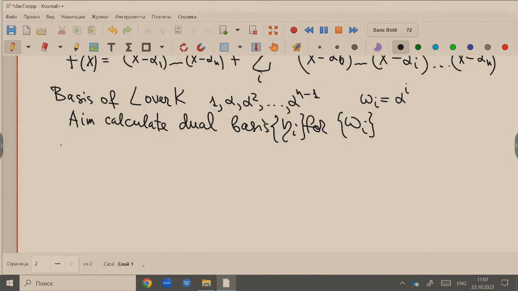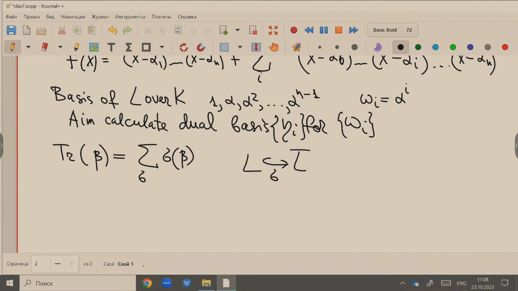Let us recall that the trace of beta can be calculated as follows. In the separable case you have the set of inclusions of L into the algebraic closure of L, and then the trace is just applying sigma, the set of all inclusions, to beta.